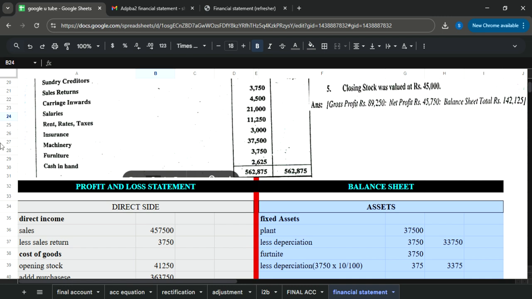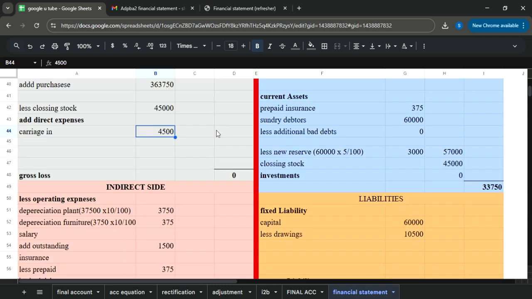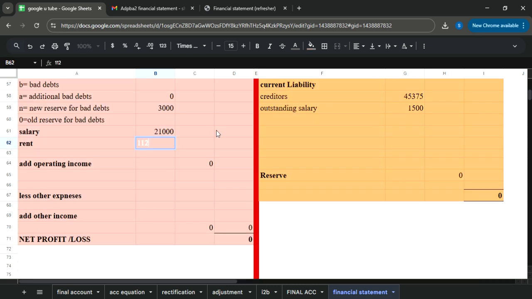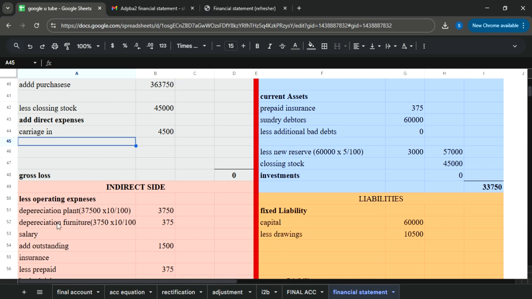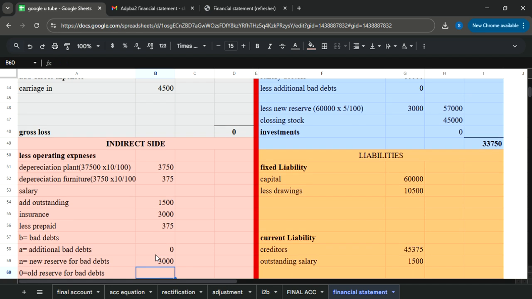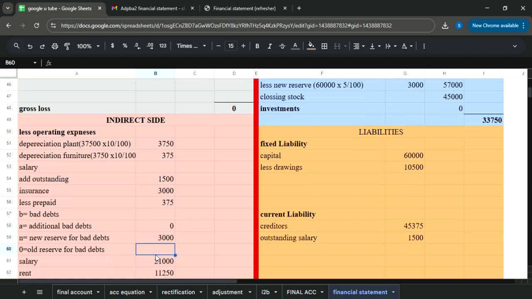After salary we have rent 11,250. 11,250 is the amount of rent. After rent we have insurance 3,000. Insurance is already mentioned over here, which is 3,000. In indirect expense, in a similar way, the amount of salary was 20,000.